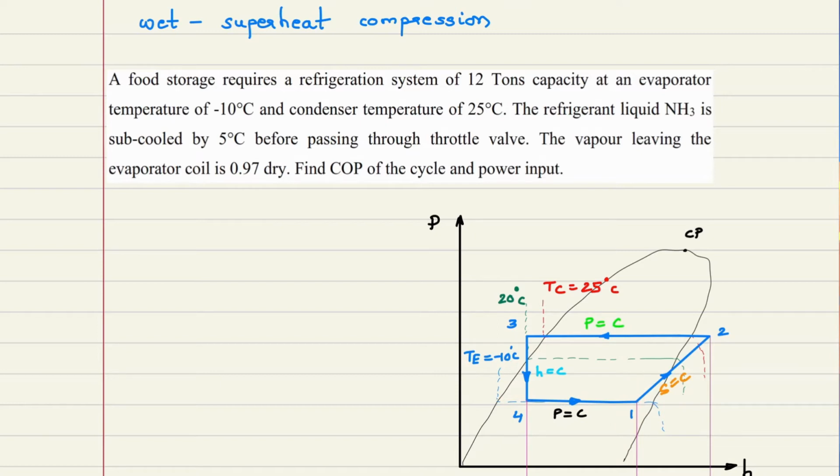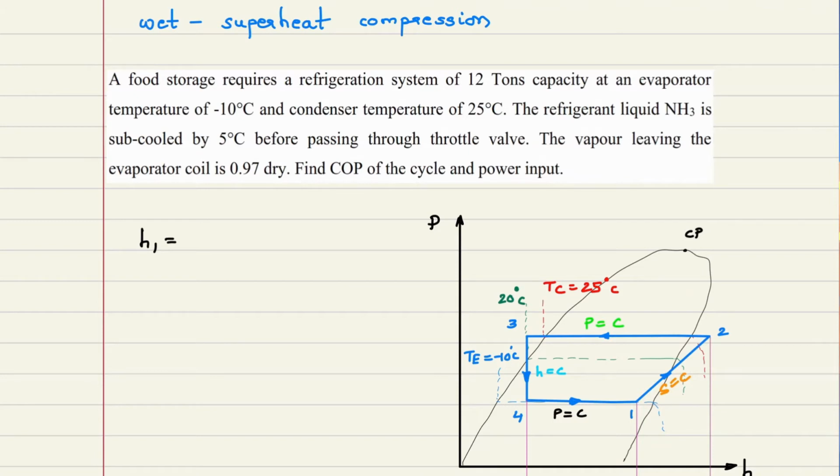So first we calculate the H1 value using the table, then we plot that H1 on the pH chart, then follow the isentropic curve, we will get point 2 till this higher pressure, and then mark subcooling and complete the pH chart. So first we have to calculate enthalpy. How to calculate enthalpy of point 1?